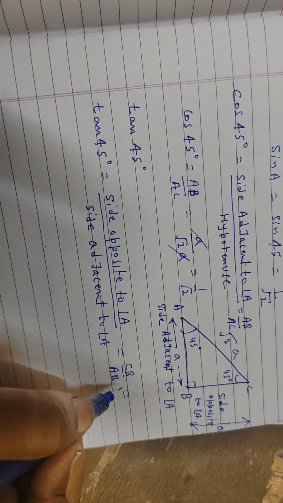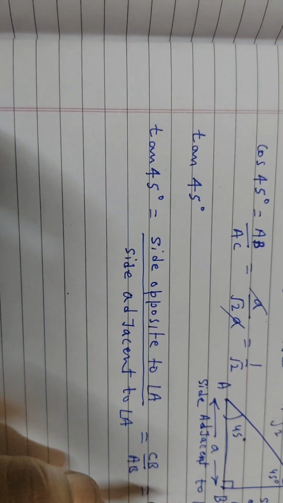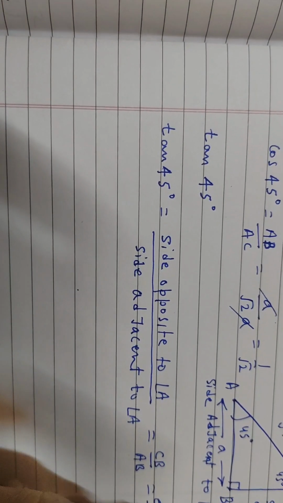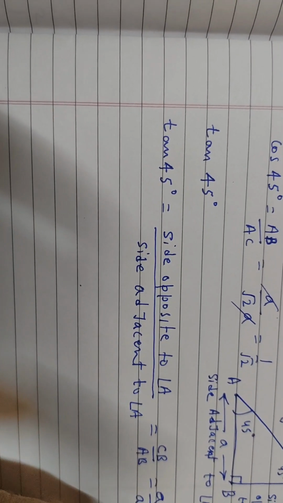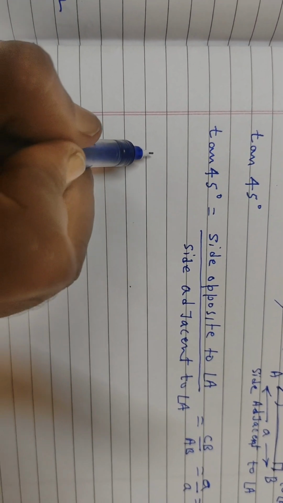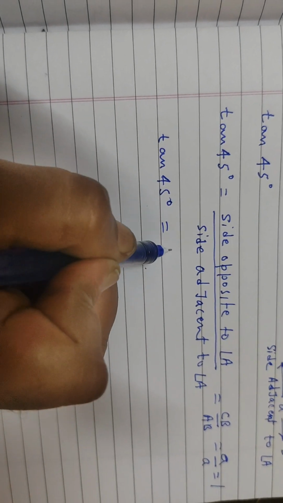Here CB length is A unit and AB length is A unit. So the answer is 1. So tan 45 is 1.